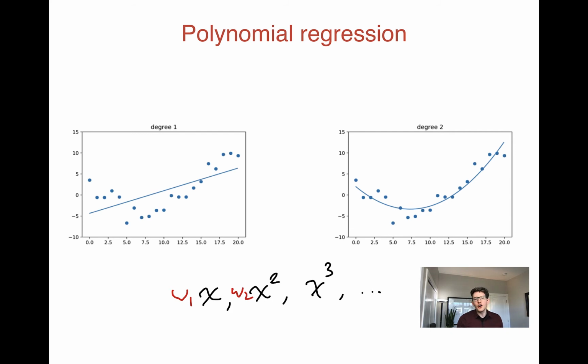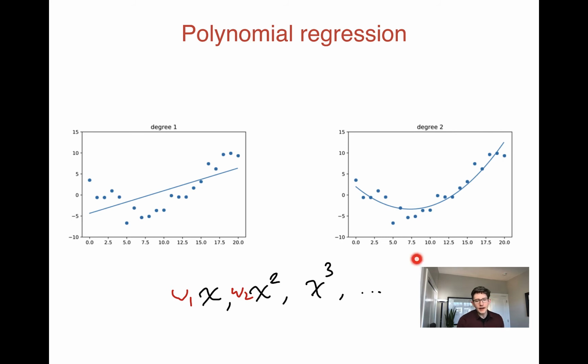Polynomial regression is also very widely used. So here's just an example. If we try to fit these data points using no polynomial features, we get this line that's a bad fit.